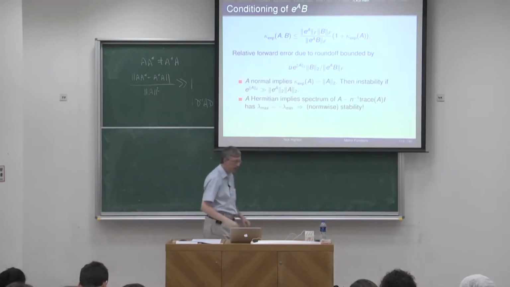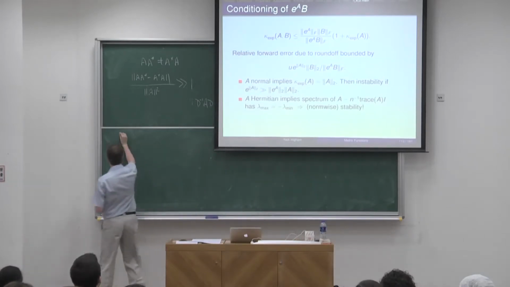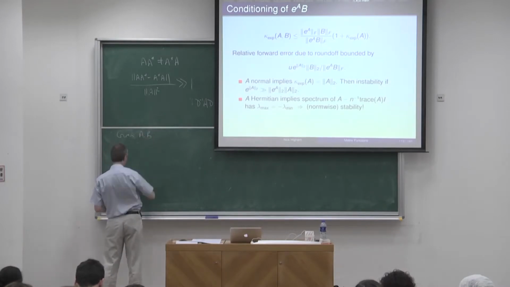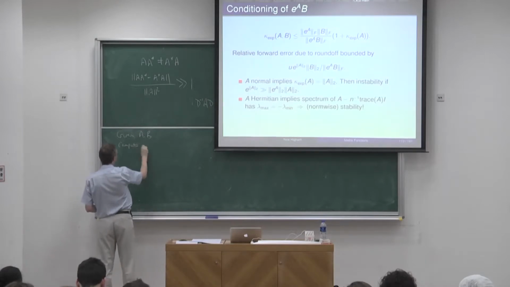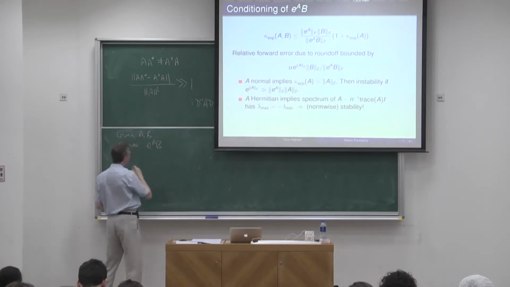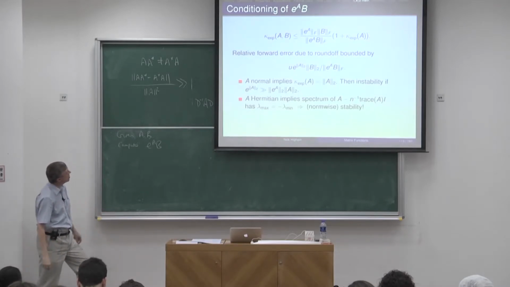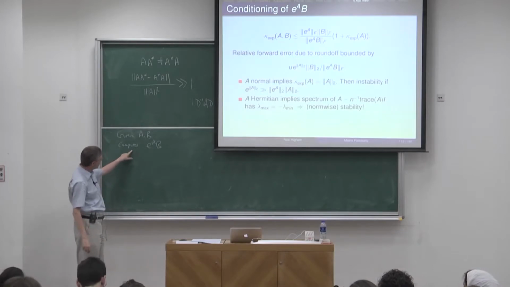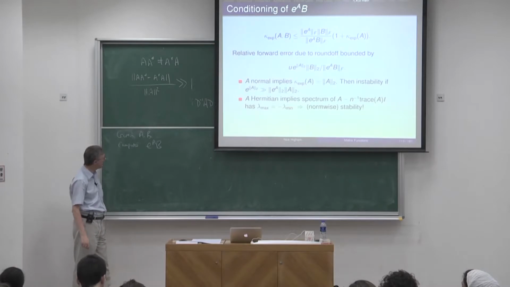So let's just recap what the problem is. The problem is, given A and B, compute e to the AB. So the data is both A and B. So an appropriate condition number would look at the effect of small perturbations in A and B on this quantity.